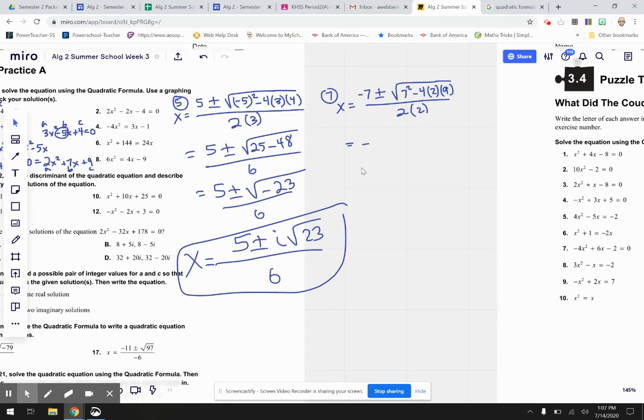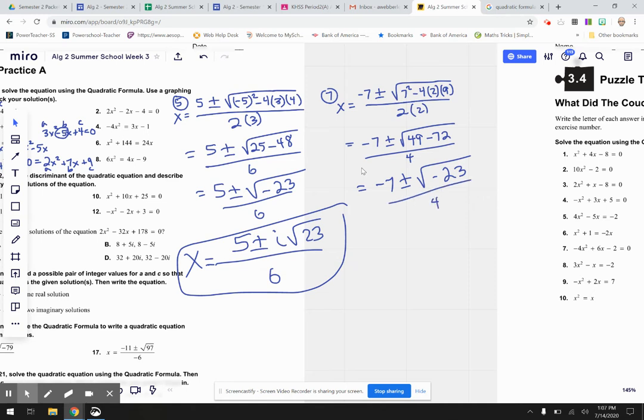Negative 7 plus or minus, and 7 squared is 49, and negative 4 times 2 is negative 8 times 9 is negative 72 all over 4. So we're going to have another negative radical here, negative 7 plus or minus, and we're going to get 23 again, it looks like, negative 23 all over 4.